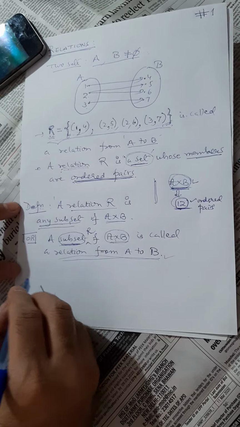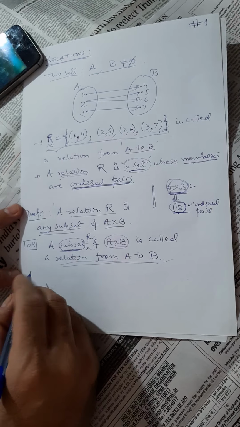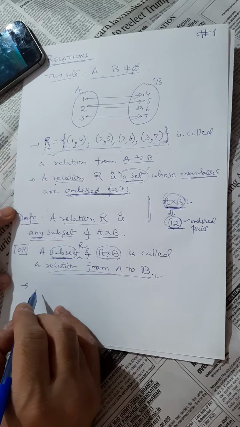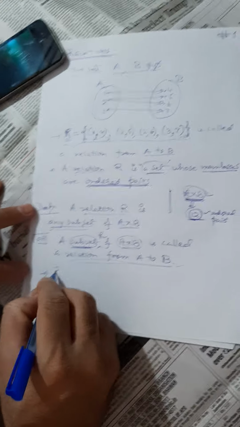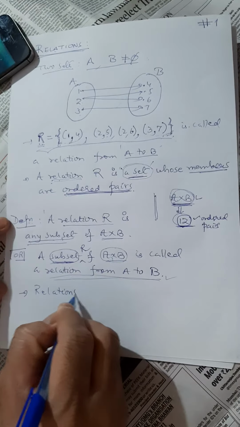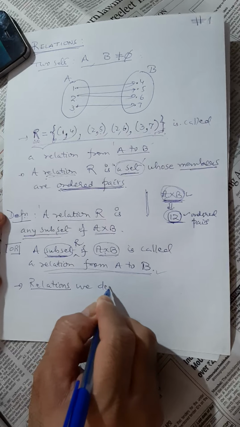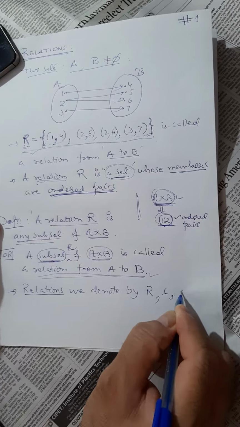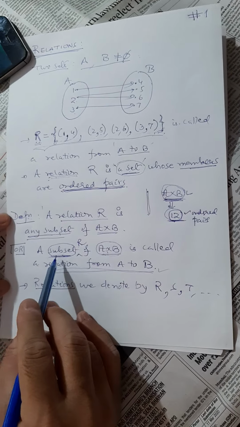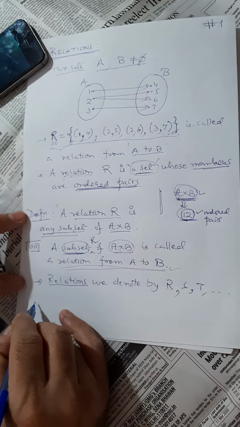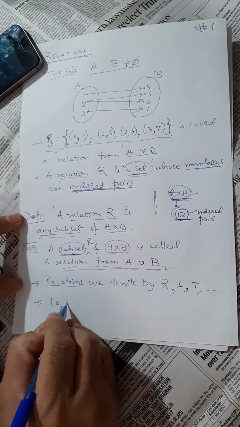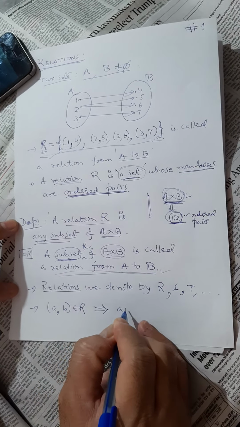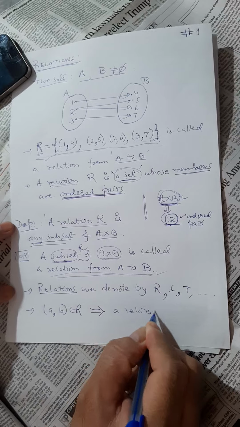Now let me take one example. Before I take some examples, relations we usually denote by R, S, T and so on. Now you may have some ordered pairs in the relation. If one ordered pair a comma b is a member of the relation set R, we say that a is related to b.